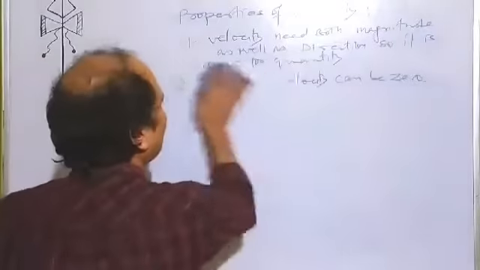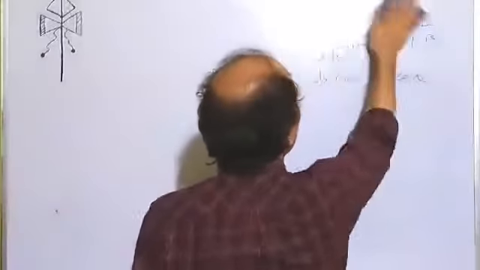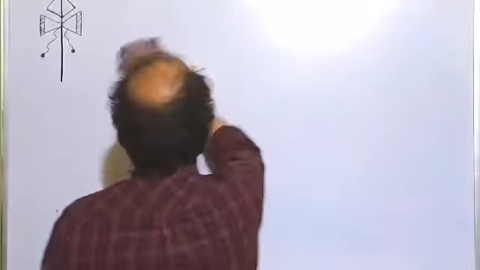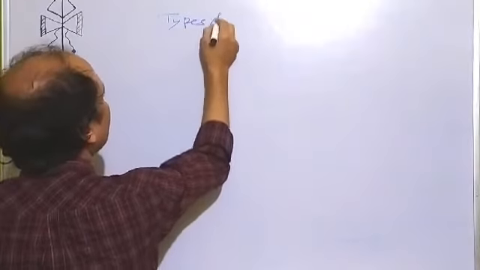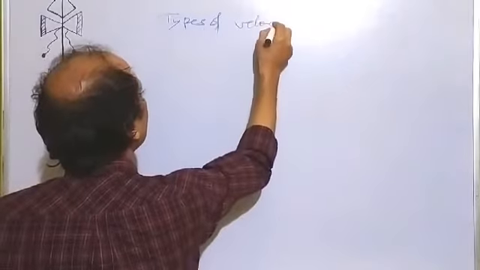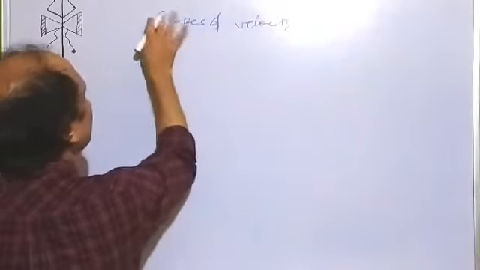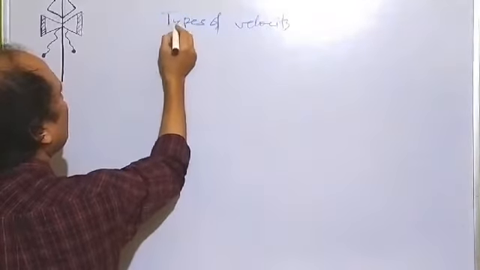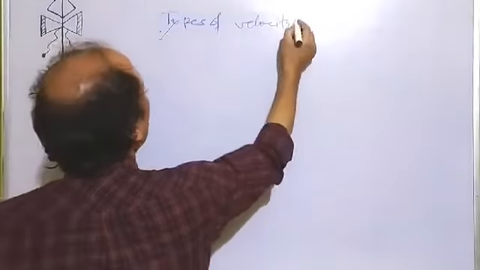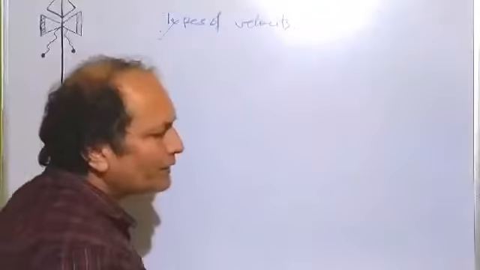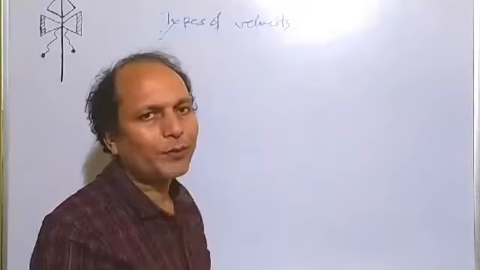Types of velocity. Velocity can be described in two ways.